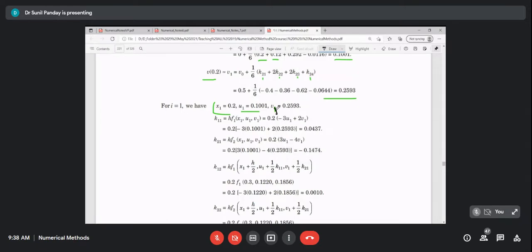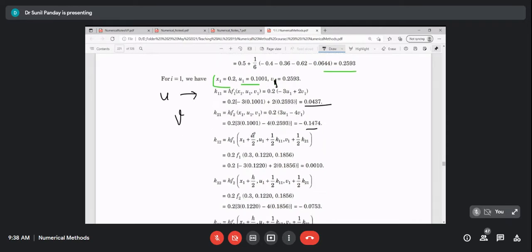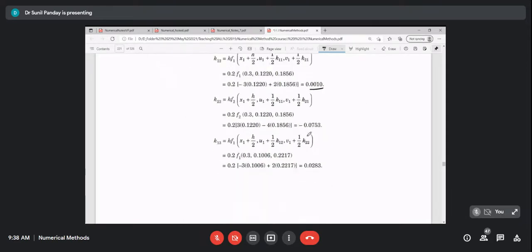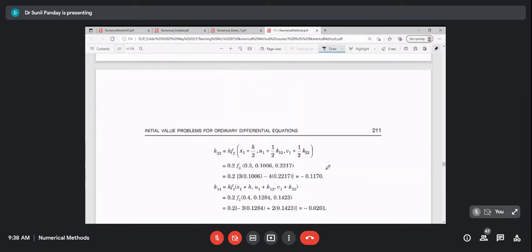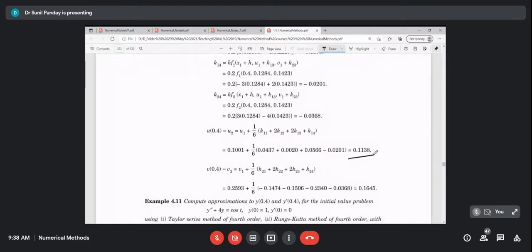Then the formula will change like this: k11 is h f1 of x1 u1 v1, and k21 is h f2 of x1 u1 v1, and then k12 is f1 of x1 plus h by 2, u1 plus 1 by 2 k11, and v1 plus 1 by 2 k21, and after simplification you have this kind of values, and after doing all this you will get the values of u at 0.4 and v at 0.4.